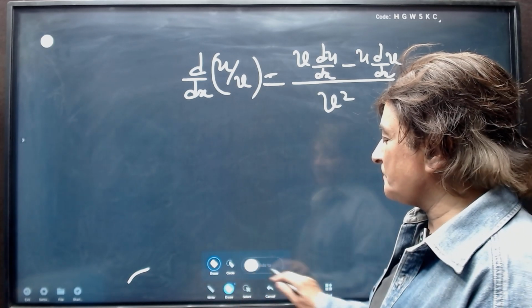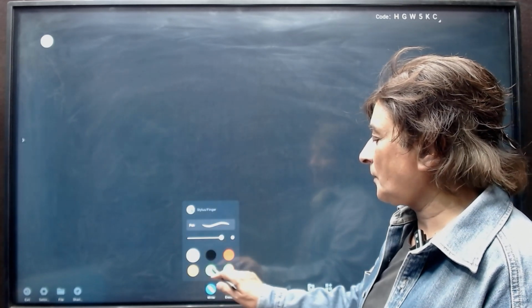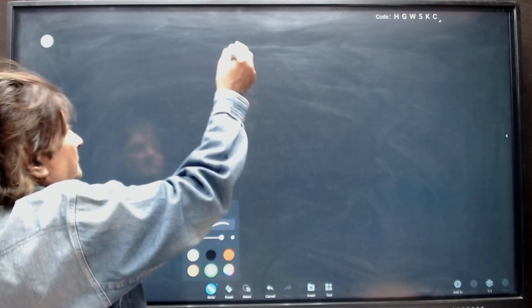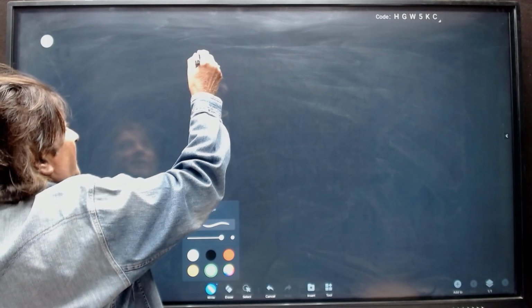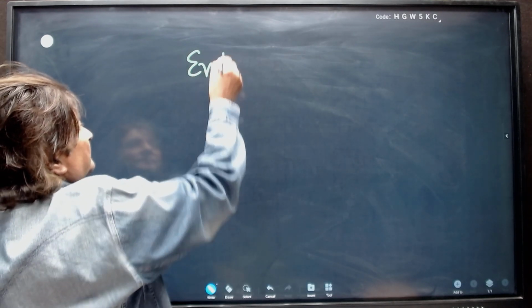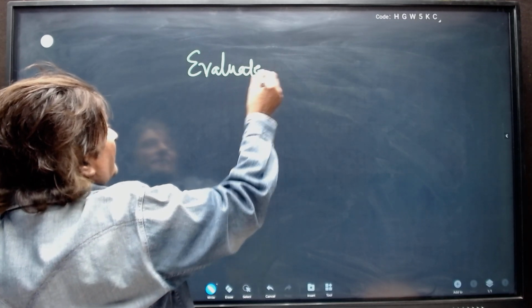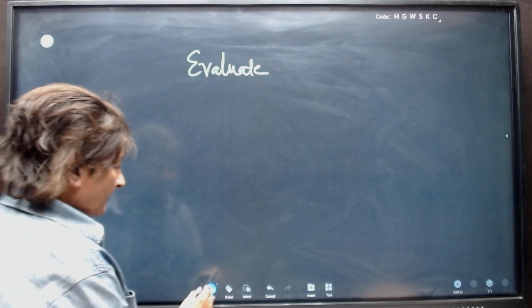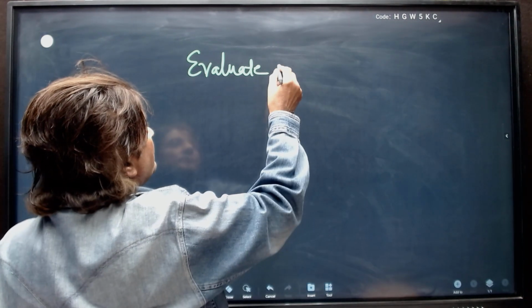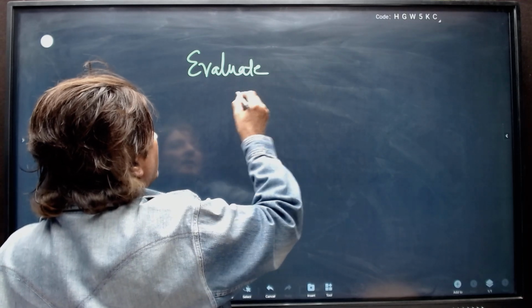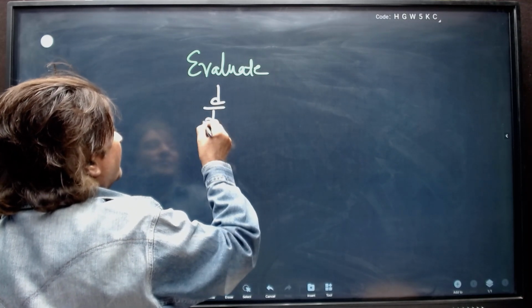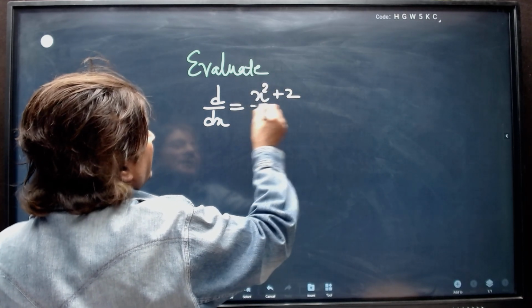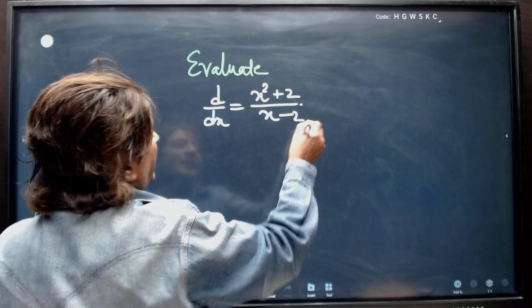That question is, evaluate d/dx of (x square plus 2) upon (x minus 2).